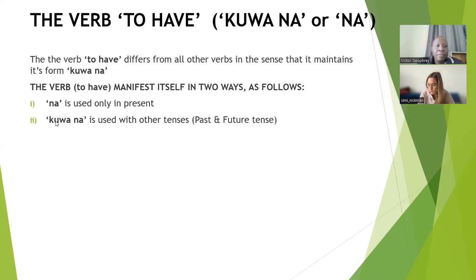So it manifests itself as na when it is in present tense: una, mna, tuna, things like that. And it manifests itself as kuwa na when the tense is in the past or in the future.